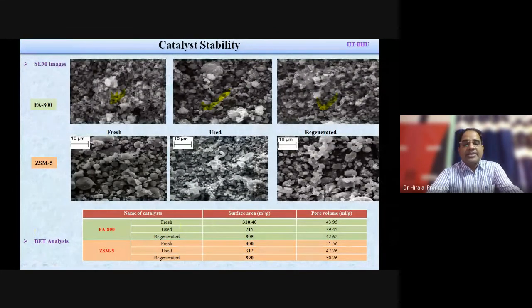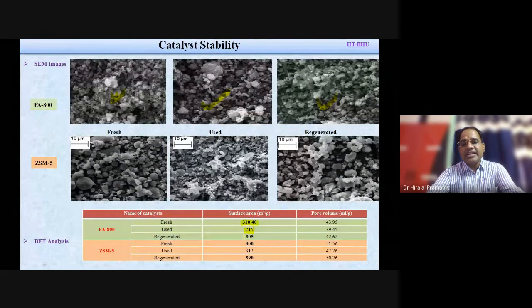But when we analyzed the BET surface area, we observed that for FA800, the fresh catalyst, as I told you, is around 310 meters square per gram, and if you compare with the used one, it is 215 meters square per gram, lower than the fresh one.